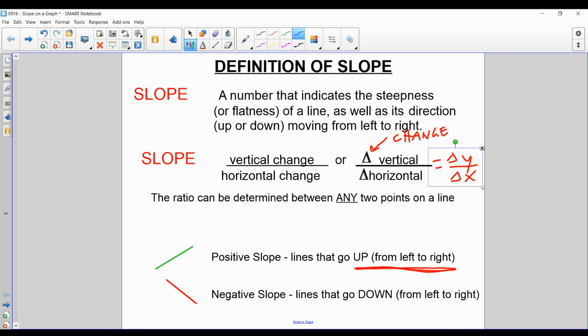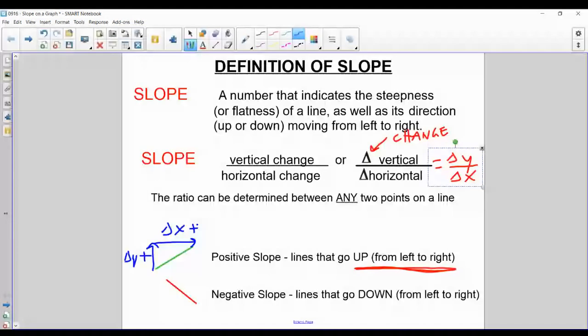So here's what I'm saying about the positive and the negative. A positive slope is saying that my change in y is going to be positive. My change in x always goes to the right, so it is always positive.